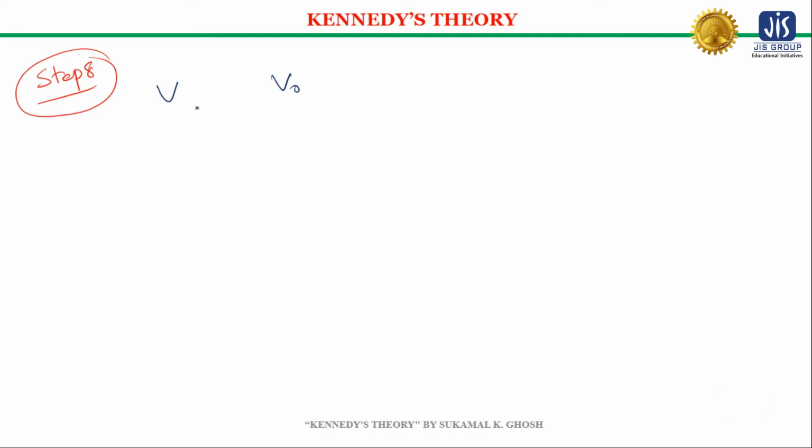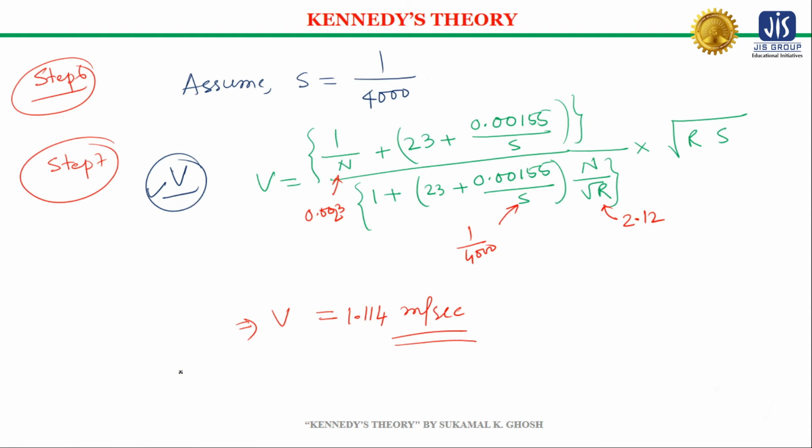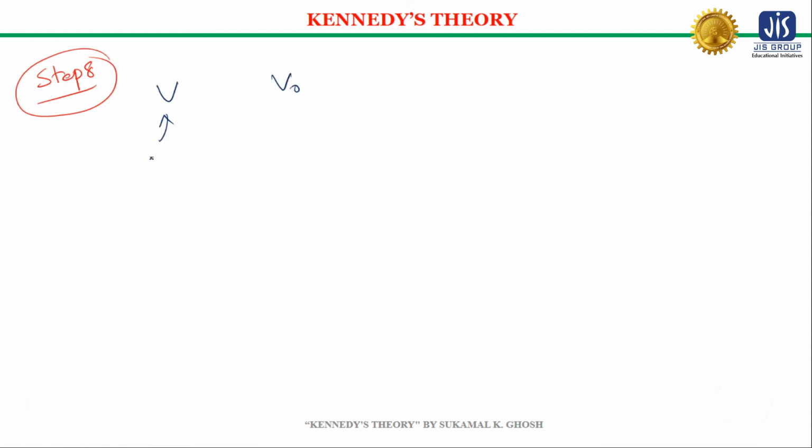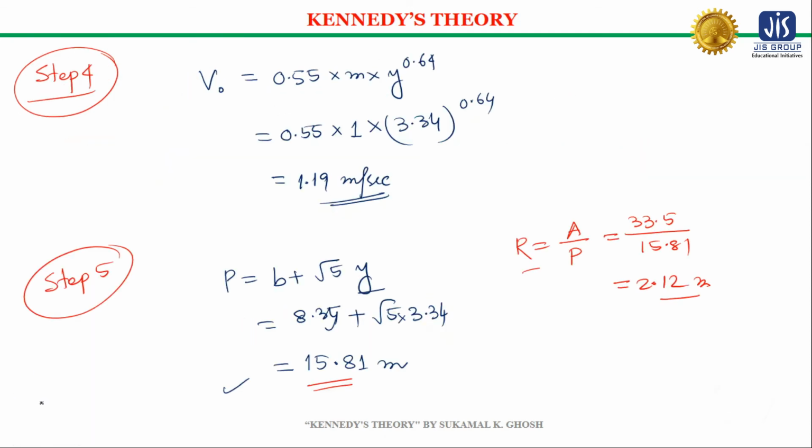So what is the value of V that we have just calculated? That is 1.114, right? And what is the value of V naught? The value of V naught is 1.19.